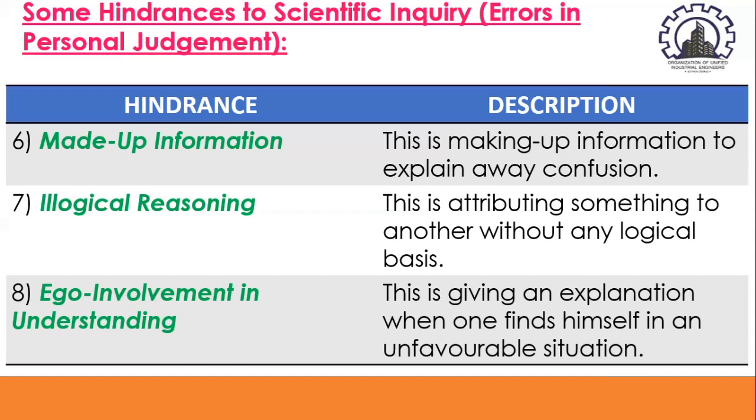Now, when a student gets a low grade, he says that he got a low grade because his teacher has a personal grudge against him and he is a victim of vindictiveness. He does not make any effort to examine his abilities, his habits of study, etc. Okay, so that's an example of ego involvement in understanding.